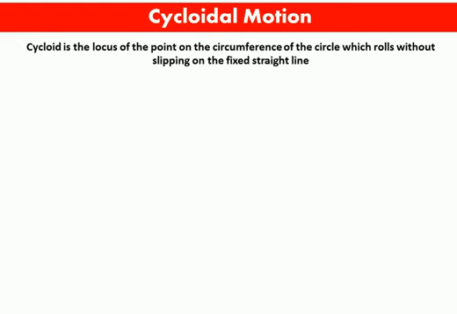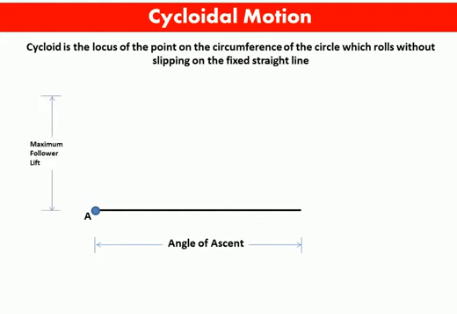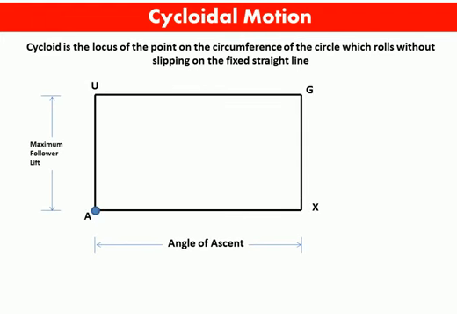the cycloidal motion, what we'll do is we'll draw a horizontal line from point A which represents the angle of ascent. Then we'll draw the maximum follower lift on the vertical axis as AU. Then we'll draw a square AUGX.